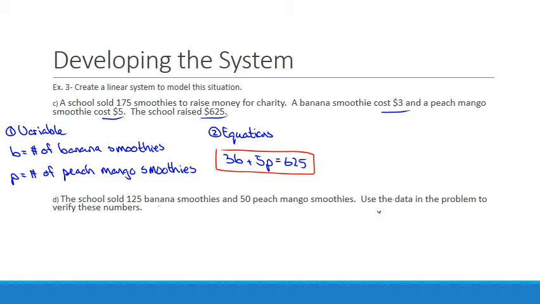The next one, I just see I sold 175 smoothies. So that means if I just add up the individual smoothies, I'd get to 175. And there's only 2 types of smoothies, so B plus P equals 175. Again, B represents the number of banana smoothies I sold.